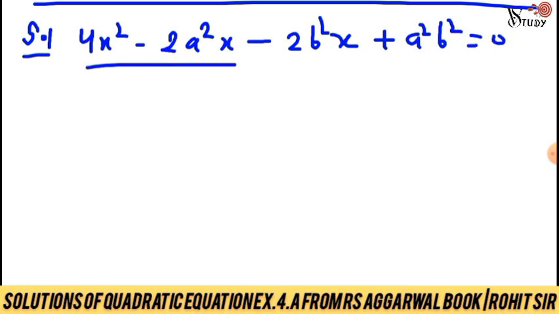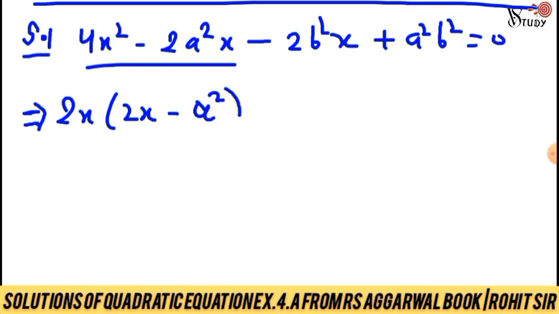Now from the first two terms we can take 2x as common, then we have 2x negative a square only. Now take common from the last two terms. From the last two terms we can take negative b square as common, then we have positive (2x negative a square) is equal to 0.